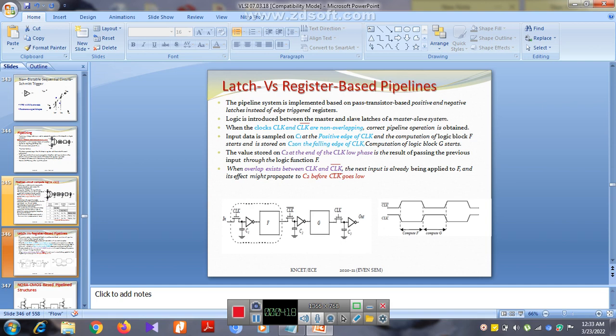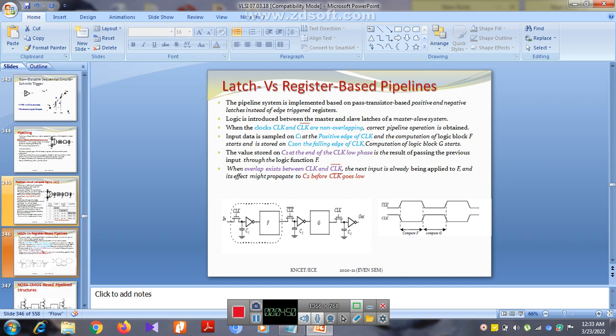Now we are going to use positive and negative latches. Logic is introduced between the master and slave of a master-slave system. When the clocks CLK and CLK bar are non-overlapping, correct pipeline operation is obtained.